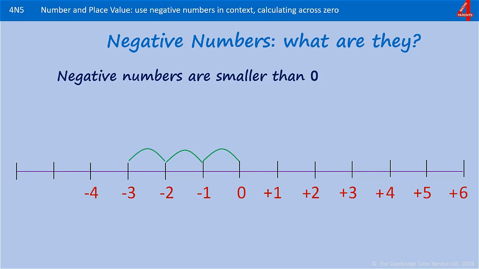And that carries on with negative numbers. On this line, we go down to negative 6, which is showing us that it's 6 smaller than 0. We could go to minus 19 million, which is telling you that it's 19 million smaller than 0.